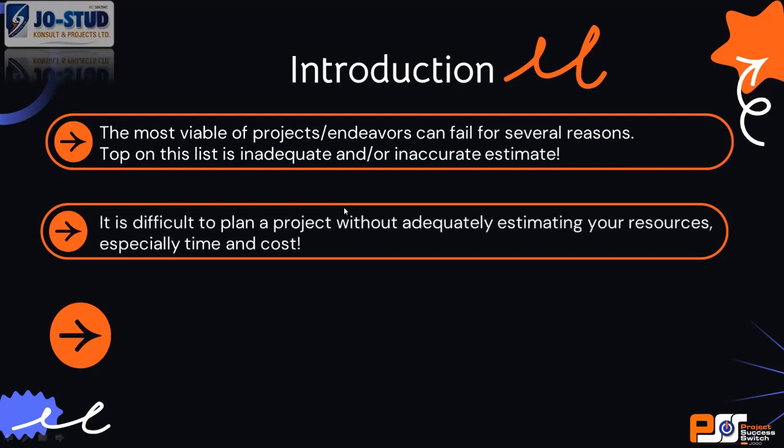These are hard facts that I want you to embrace as you go ahead with this class. It is difficult to plan a project without adequately estimating your resources, especially time and cost. There is the aspect of estimating for people. I will get to that when we get to this class proper. But especially cost and time, you need to adequately estimate for them.